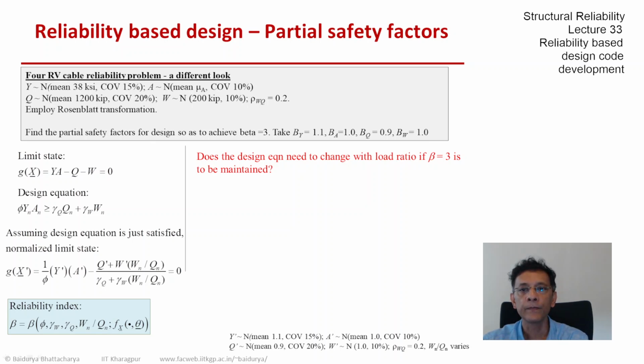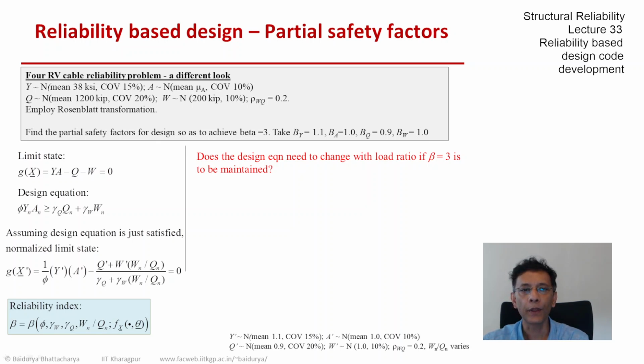The loads, whatever their absolute magnitudes are, if they're of the dead load type or live load type, we know what the mean is in relationship to the nominal. We know what the uncertainty is, so we know the COV. So those do not change. The only quantity that can change from cable to cable, from situation to situation, is that Wn over Qn ratio.